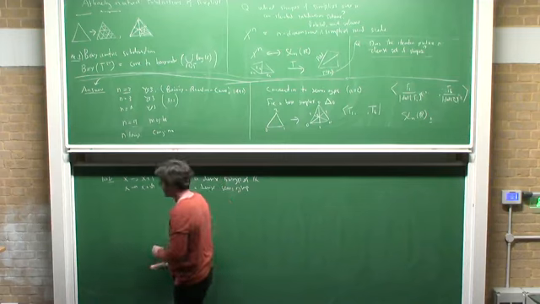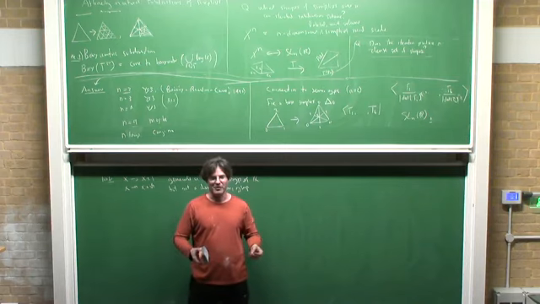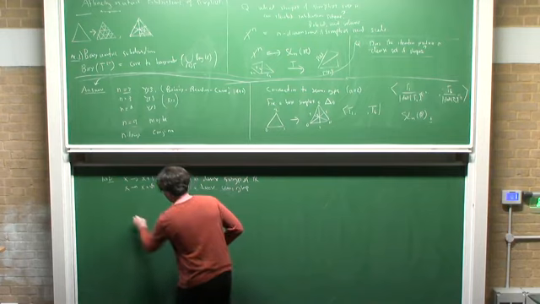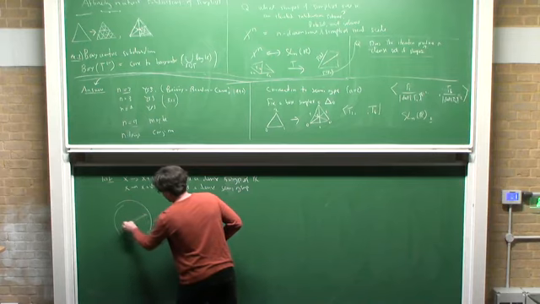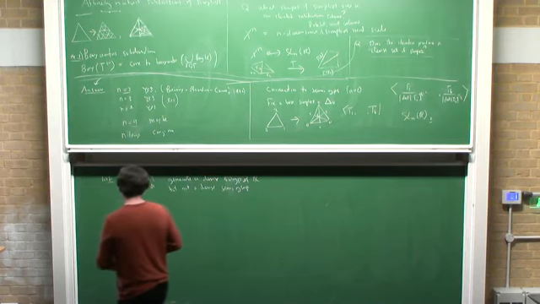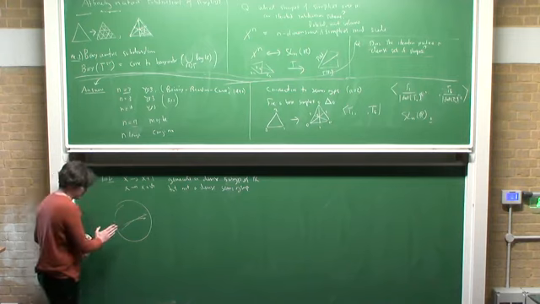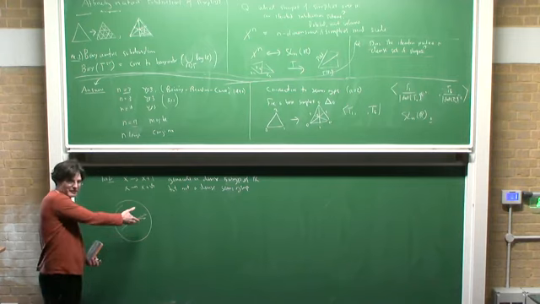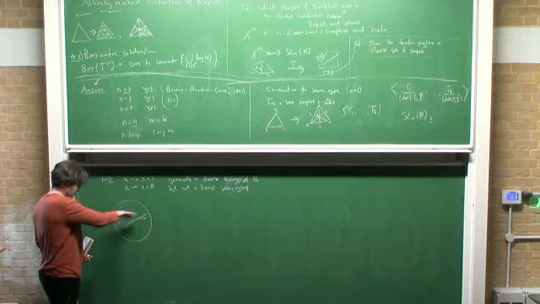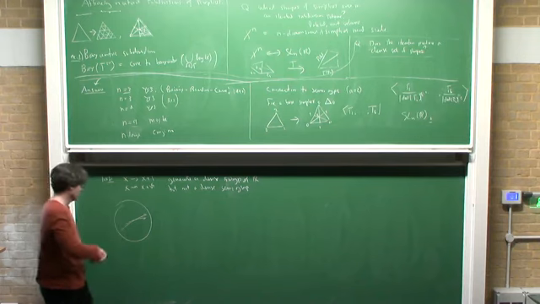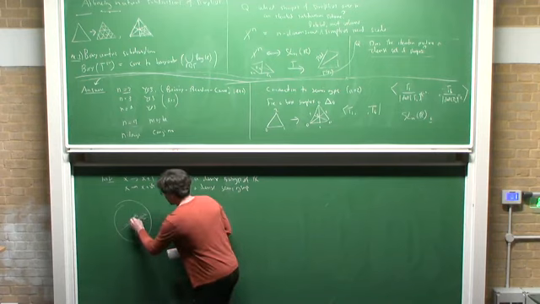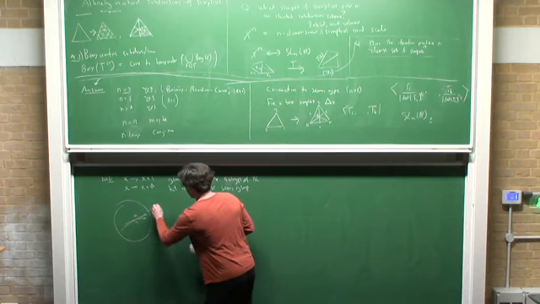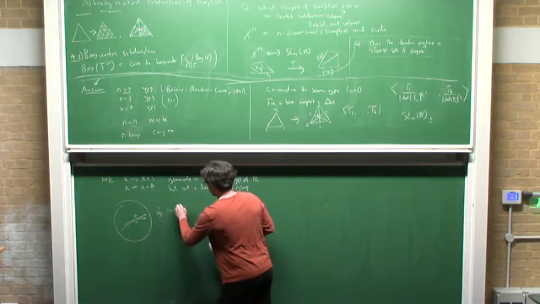You can also rig up examples, say in SL_2(R). For example, you could pick two hyperbolic translations along geodesics pointing in the same direction, so I call these G and H, so that GH inverse is elliptic.